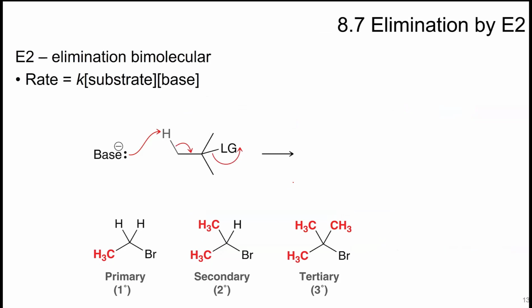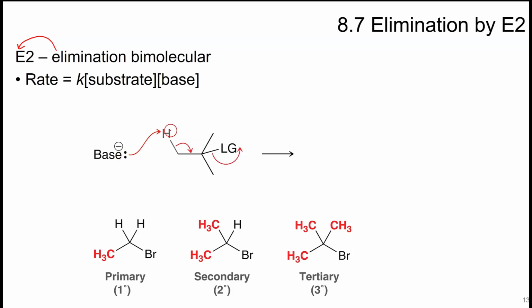In the E2 reaction, it's an elimination, which is what the E stands for. And 2 is bimolecular, just like in the SN2. This one is synonymous with the SN2 in that the rate is dependent on the substrate concentration and the base concentration. In SN2 reactions, it was substrate and nucleophile. In E2, we're looking at the base.